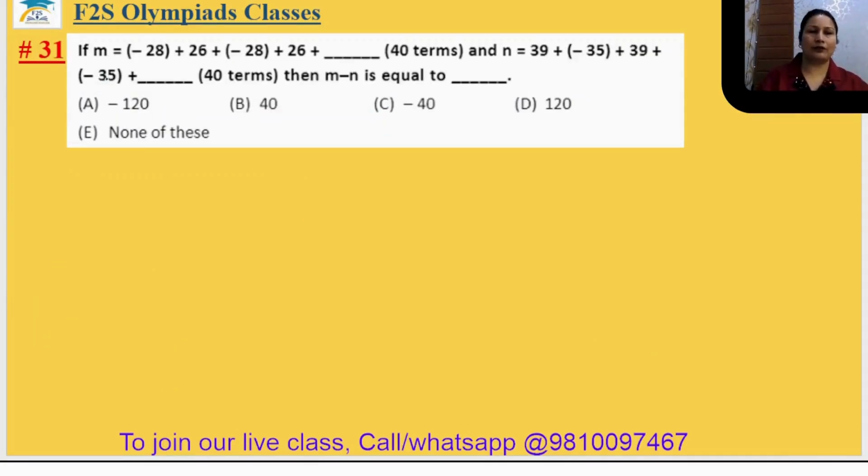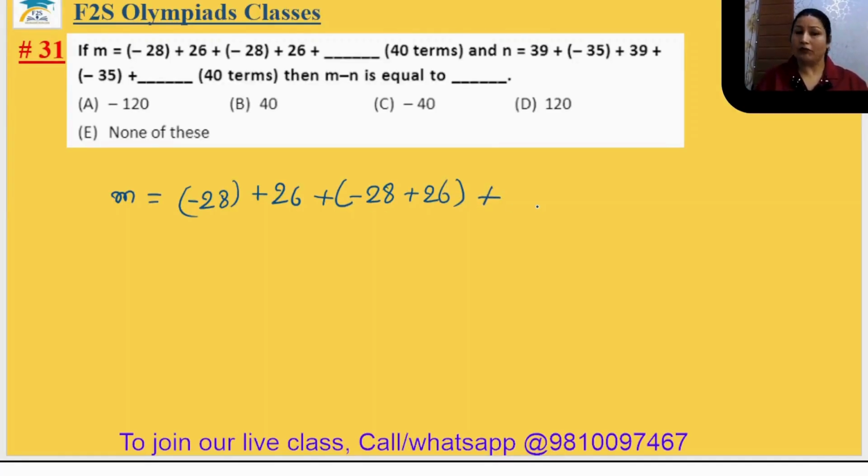Question number 31. If m equal to minus 28 plus 26 plus minus 28 plus 26 plus minus 28 plus 26 up to 40 terms.